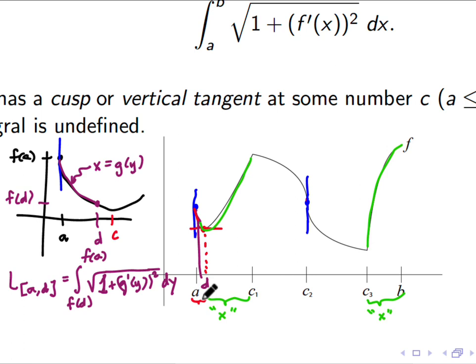Whereas from A to D, from C1 to C2, and from C2 to C3, these pieces of the graph have vertical tangents at one end, and therefore we would need to use the rewritten equation in terms of y in order to integrate to get these lengths. Once we have all of our integrals set up, we just add them up to get the total length of the curve from A to B.